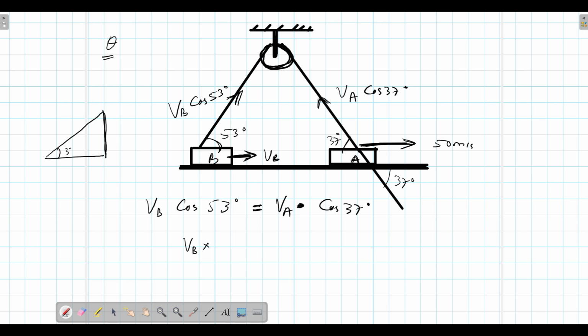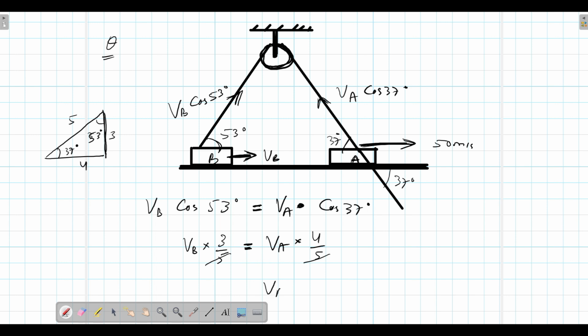Small facing is small. 3, 4, 53, 5. So VB cos 53 equals to B by H, 3 by 5. So VA cos 37 equals to B by H. So VA equals to 50.